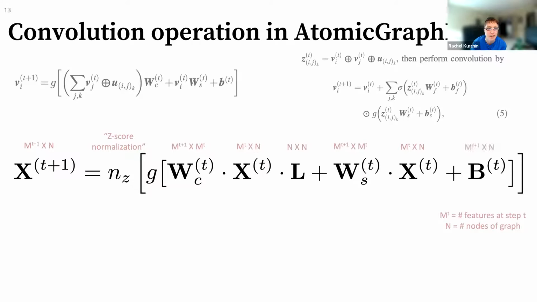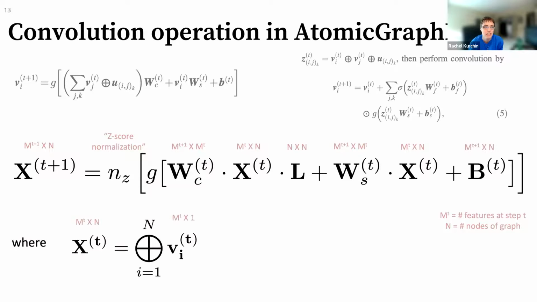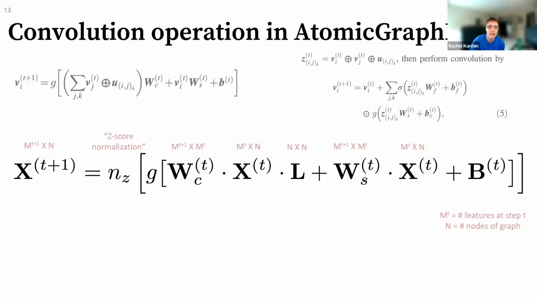So if we have a given graph with n nodes, and the number of features at step t. If we imagine multiple layers together, there might be different widths of these layers. Then, exactly as was just astutely pointed out, the X's will in fact be of this dimension.